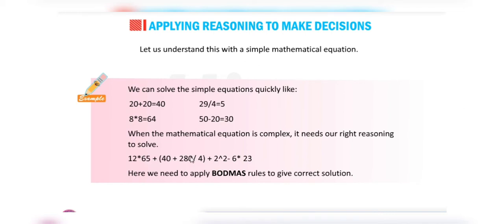Here the whole equation is too long and we cannot identify what to solve first. So to solve this problem, we have to apply the BODMAS rules of maths to find the correct solution or answer. This is called a complex problem, meaning a very difficult problem. To solve this complex problem, we have to apply our reasoning and logical thinking.